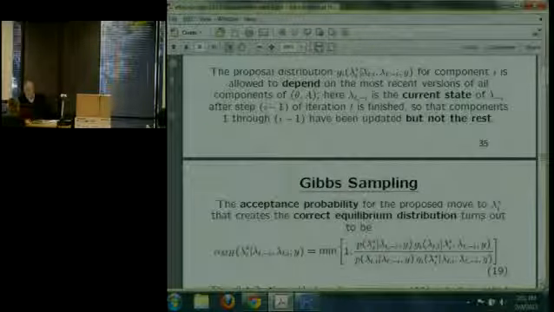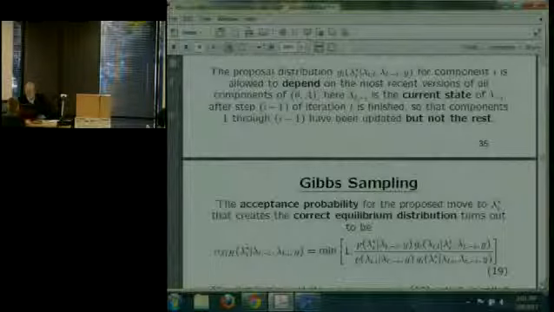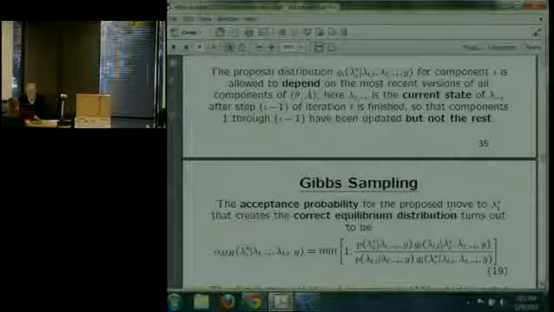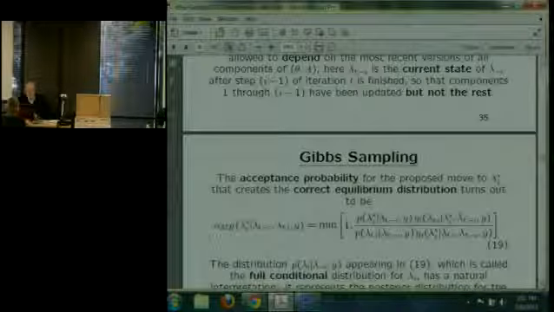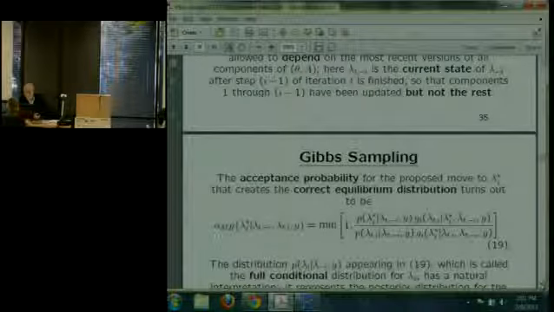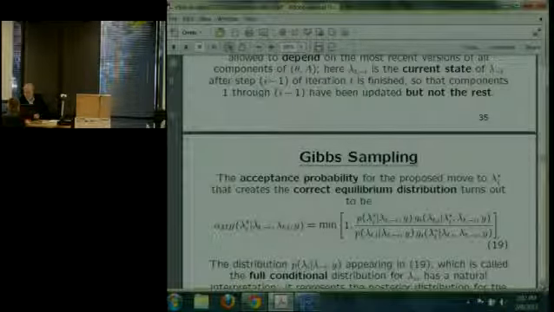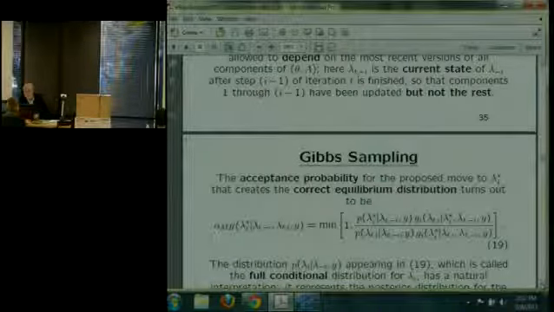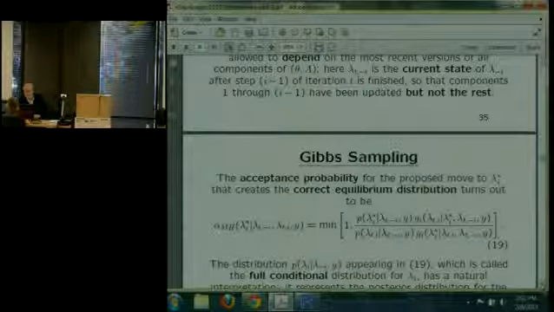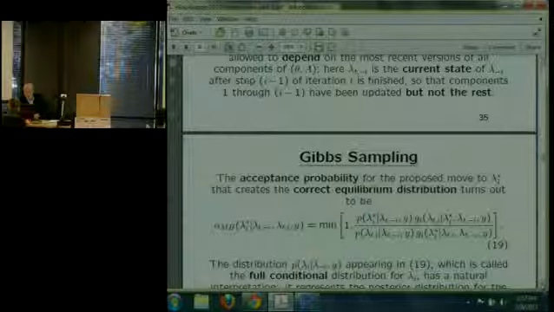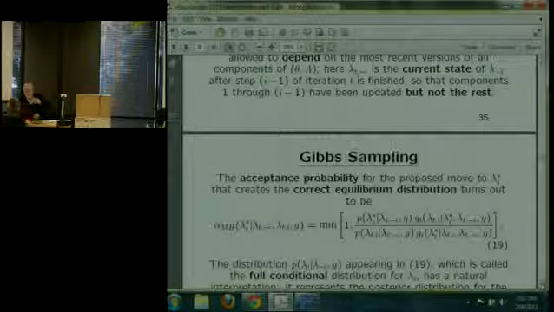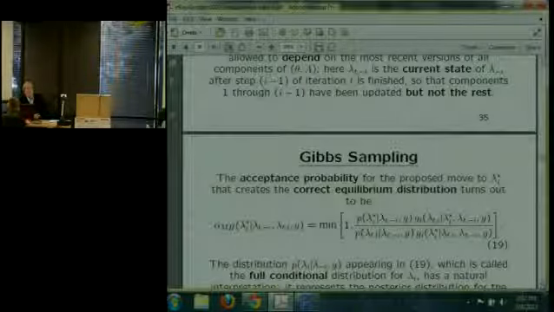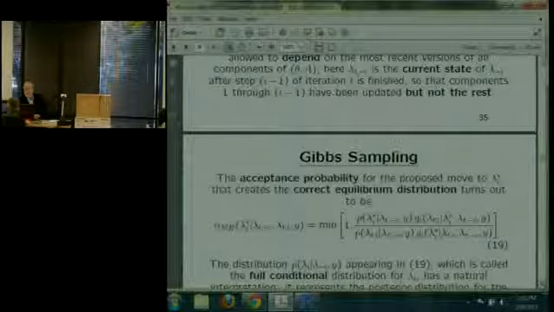Now, something interesting is as follows. When you have a distribution like the one that you see for P right there, look in 19, it says P of lambda I star given lambda T minus I, comma Y. Forget about the T part and just concentrate on the part that says P of lambda I given lambda minus I. Remember we had this notation that lambda minus I means all of the lambda vector except with component I omitted.